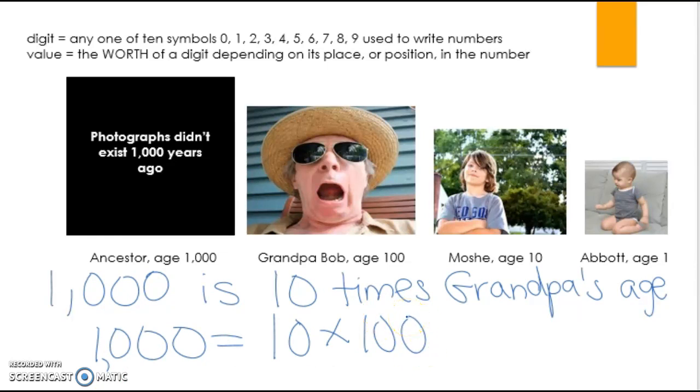That also means that Grandpa Bob is 10 times Moshi's age, which is 10. So Grandpa Bob is 100, and 100 is 10 times 10.